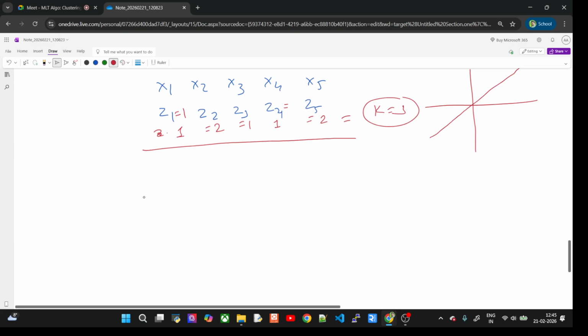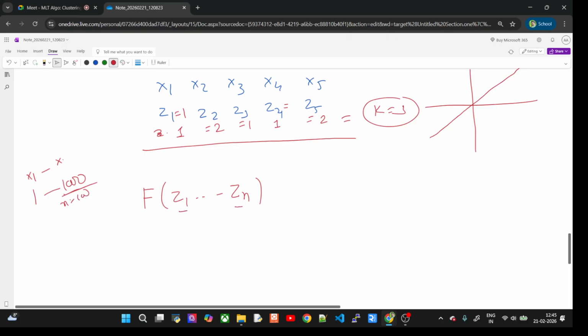For that we have a function f of z1 till zn, because you are having 1 to 1000 students, or any example you can take, x1 till x1000, so n is equal to 1000.